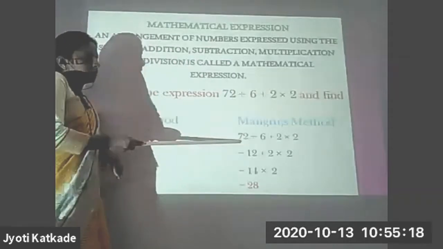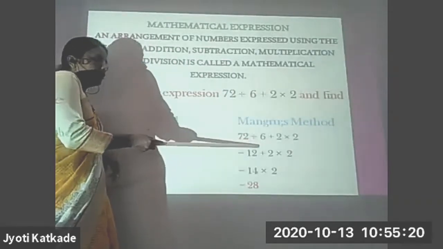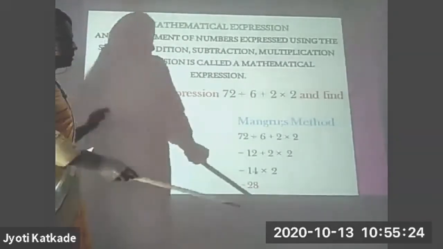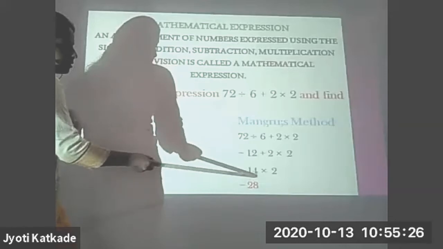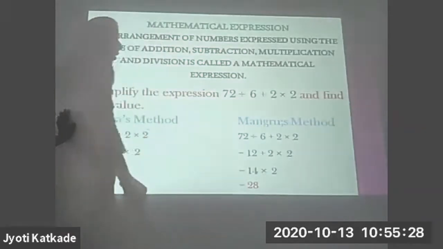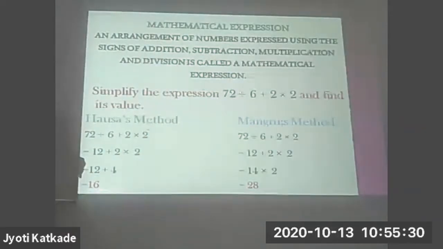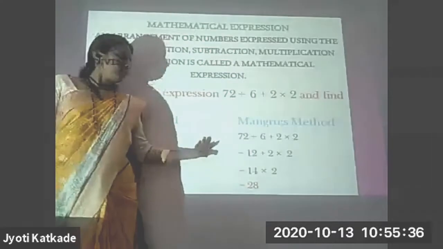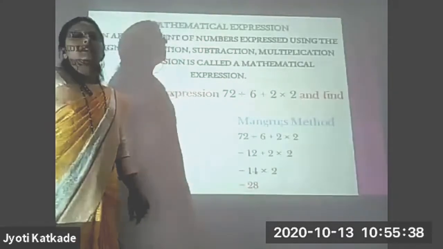The example is same. That is 72 divided by 6 plus 2 into 2. But one student's answer is 28. Okay. And the second student's answer is 16. Means both students solve the same example, but the answers are different.